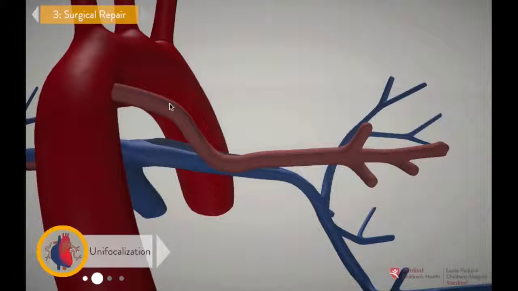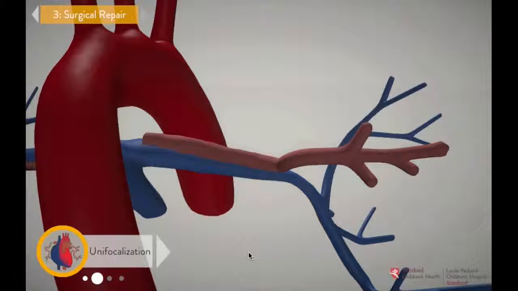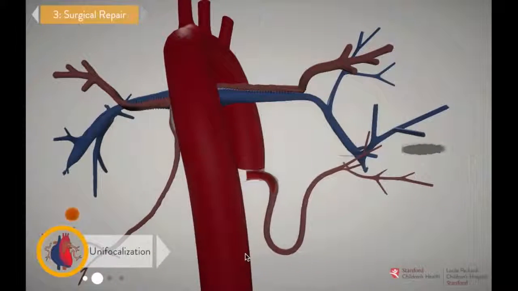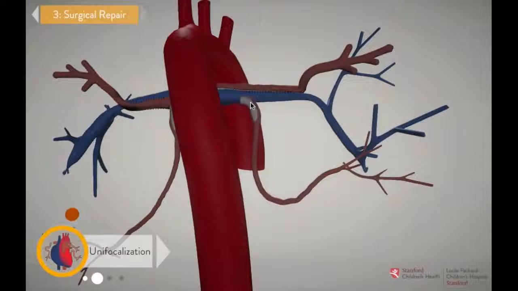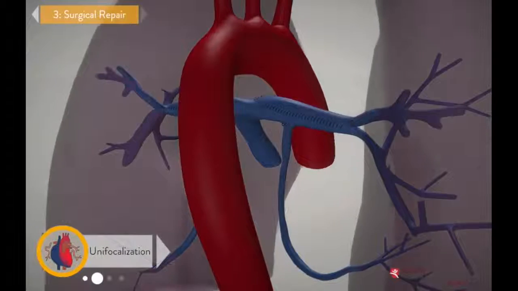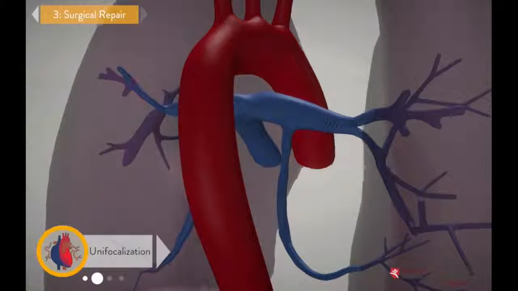Now repeat the process with the 2 collaterals on the other side. Good. You've repaired the pulmonary arteries. Now they'll grow and strengthen over time, which will allow more blood to flow from the heart to the lungs.